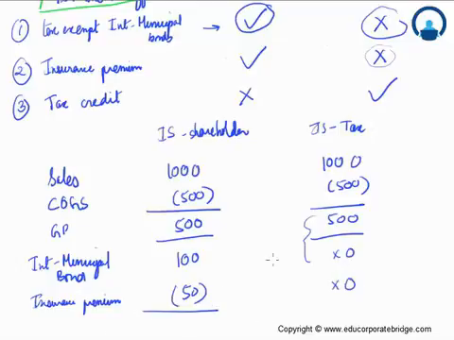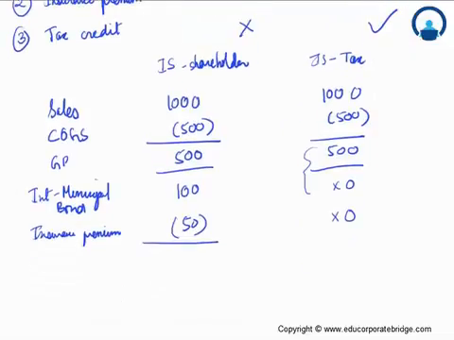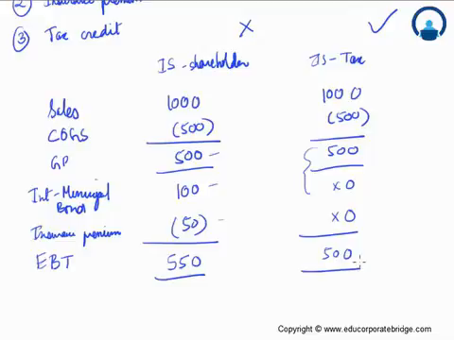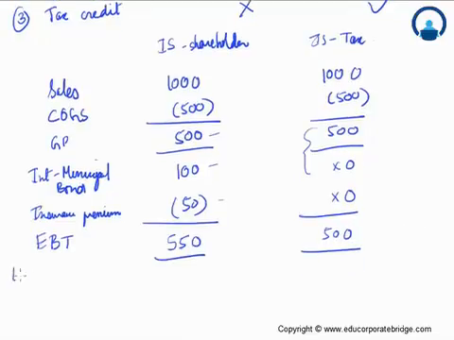So what is the net earnings before taxes? The earnings before taxes in this case will be 500 plus 100 minus 50. This comes out to be 550, and in this case it is 500 plus 0 minus 0, which comes out to be 500. Now let's assume that taxes were at the rate of 40%.